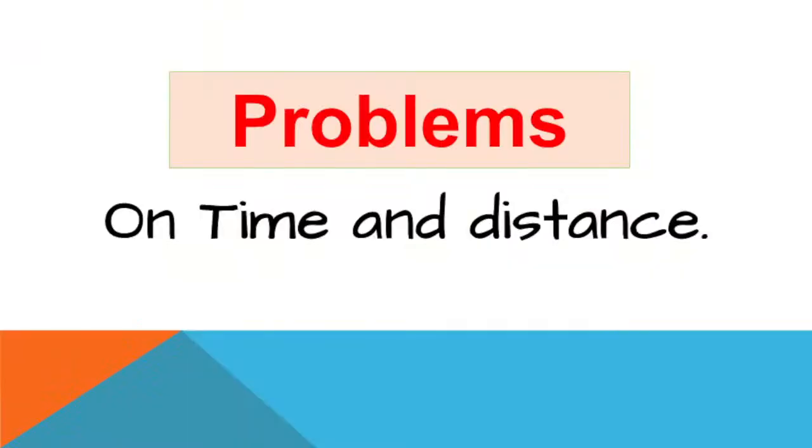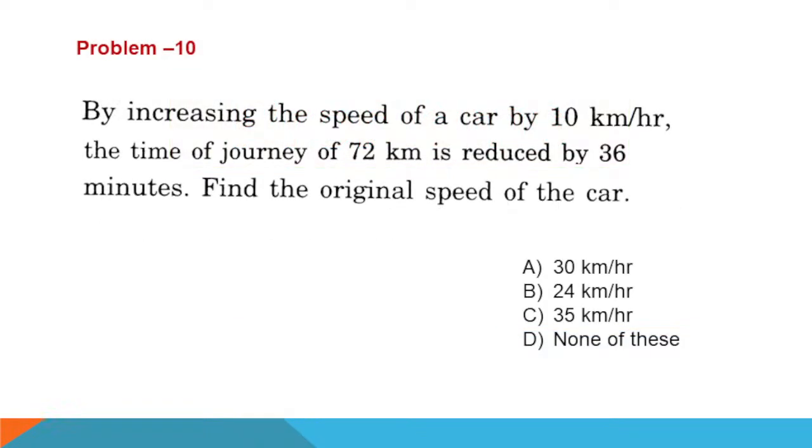Time and distance. On time and distance, what is the first problem? This is the problem on time and distance. First you read, and give me a few seconds in erasing the board. You read the problem, then I read.